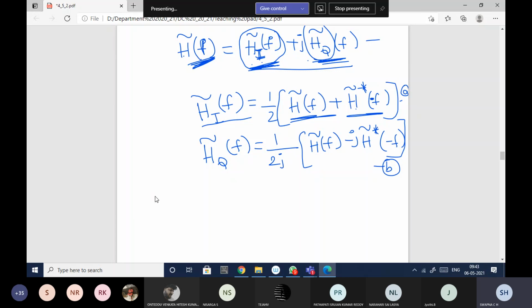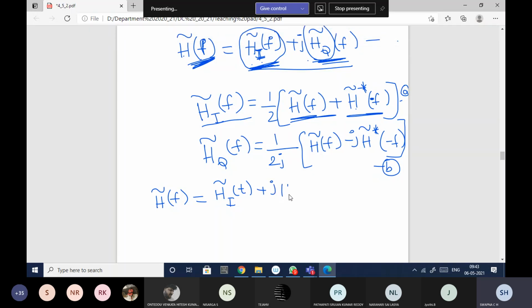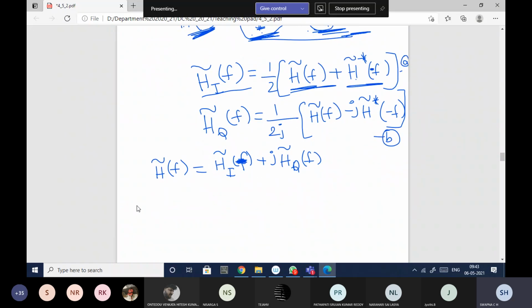You already know what H tilde of f is: it is H_I tilde of f plus j H_Q tilde of f. This is the equation I have written here. First I'll take the conjugate, the star of f.